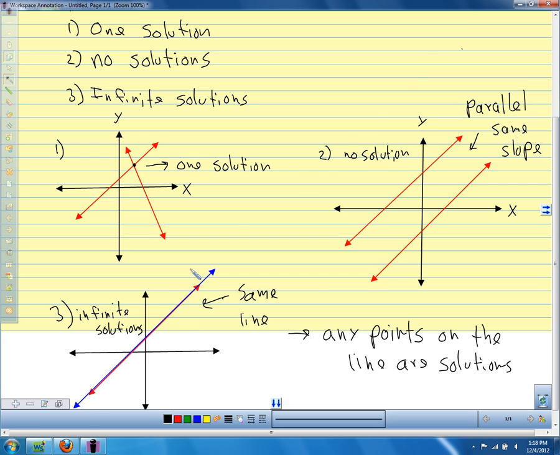We can keep going this way, we can keep going the other way, and any of those points on that line are going to be a solution. When our system of equations has at least one solution, we call our system consistent. So just so we know what the terminology means. Is everybody good with the graphs and what they mean for our systems?